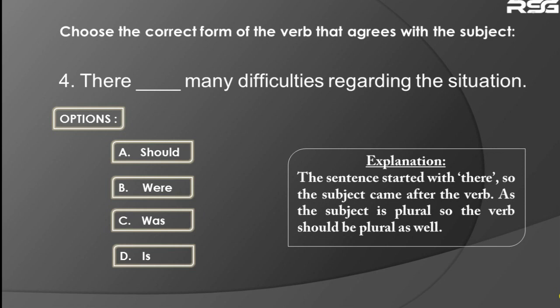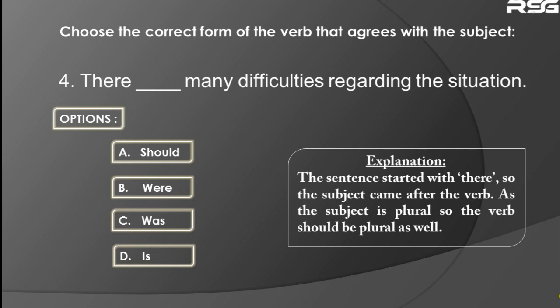The subject came after the verb, isn't it? The space which is left there is for the verb, and the subject comes after the verb here. You understood? What is the main subject here? There is not the subject here. What is the main subject here? The subject is many difficulties.